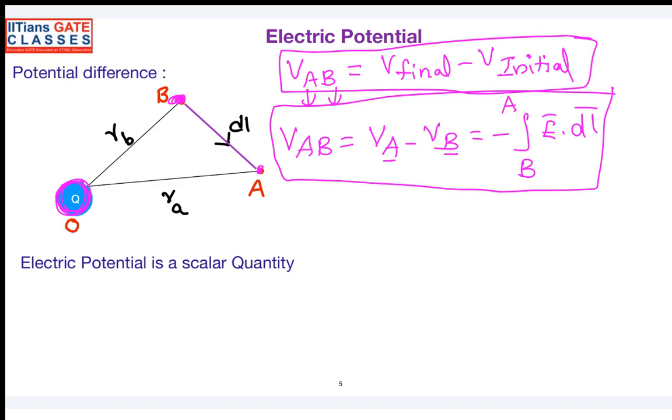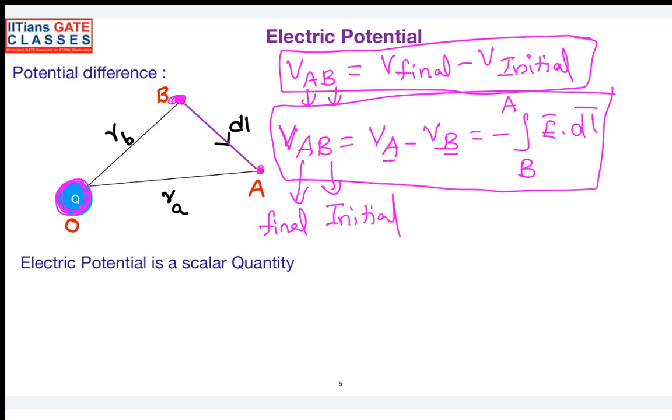So is the definition clear here? You don't get confused, you stick to one notation. The potential difference is nothing but the potential at the final point minus the potential at the initial point. So the standard notation of VAB represents the first subscript as the final point and the second subscript as the initial.